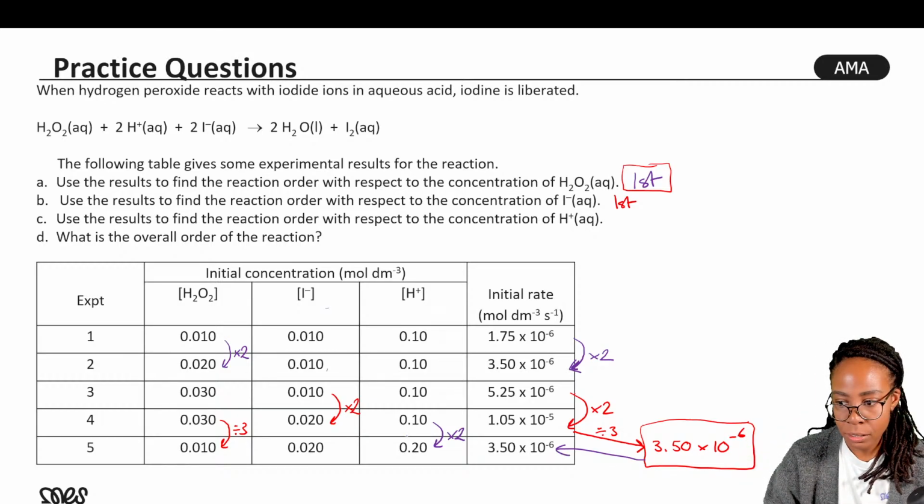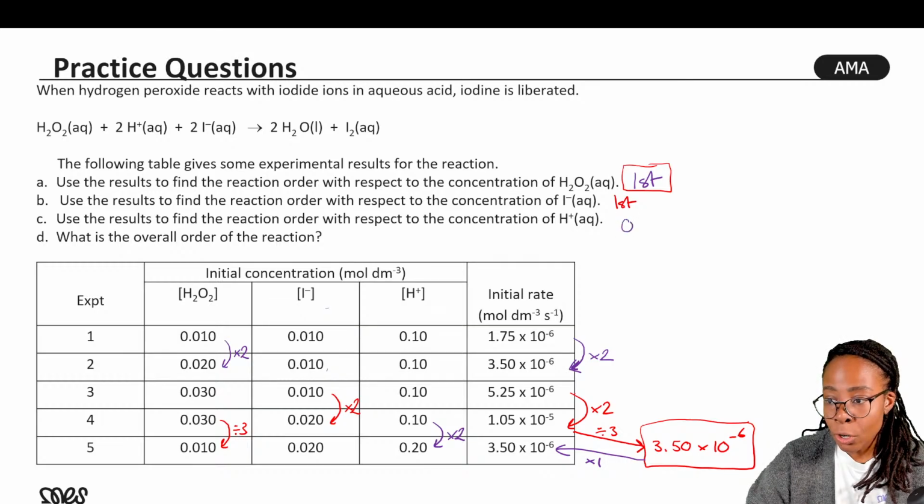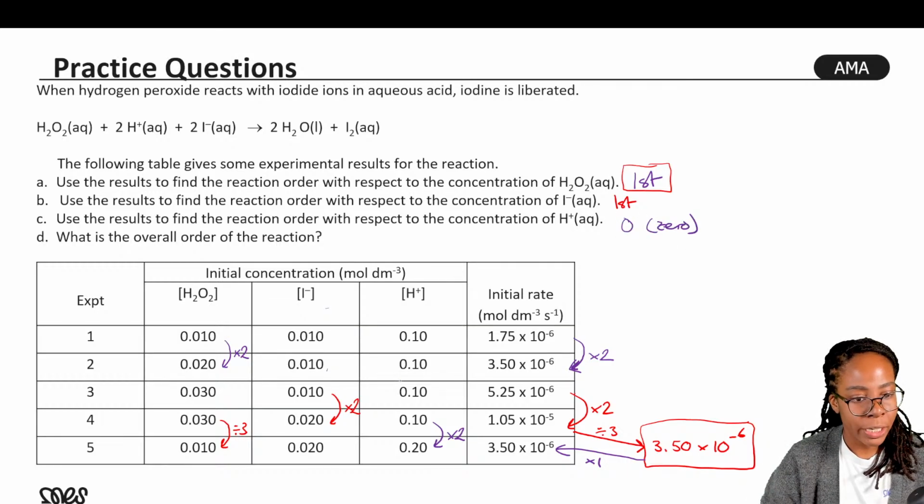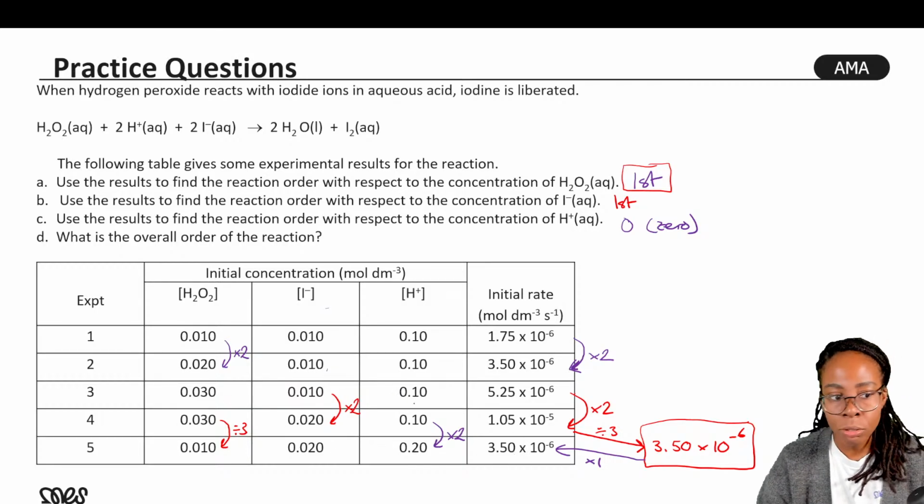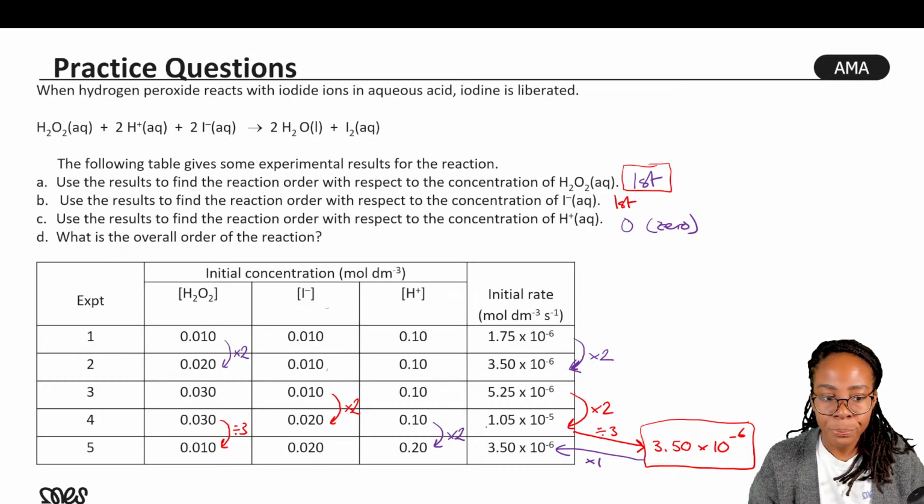What's been the effect of the H plus concentration? Lovely, no effect, multiplied by 1. Therefore, it must be 0 order with respect to H plus, because this change is only because of the H2O2, not because of the H plus.